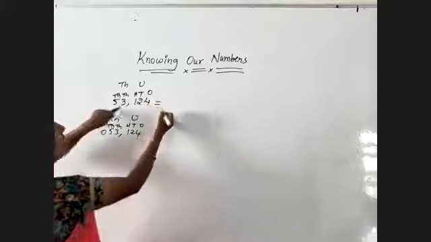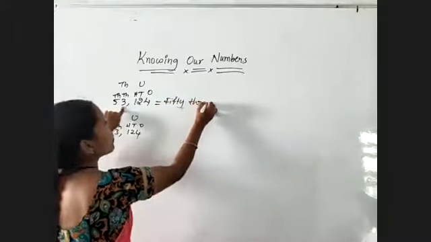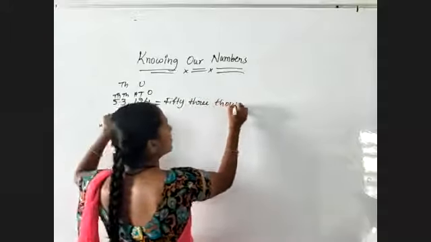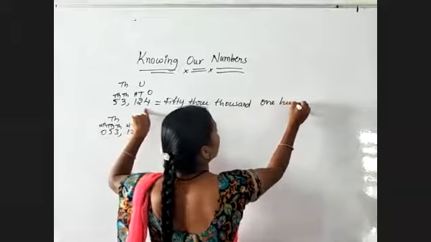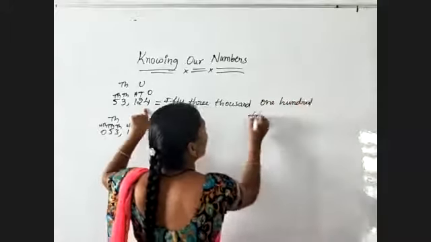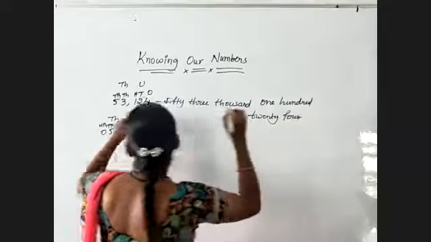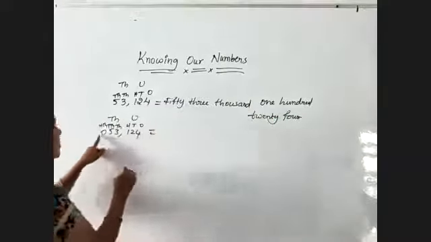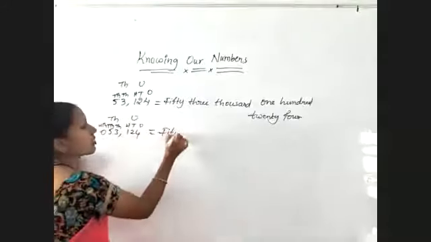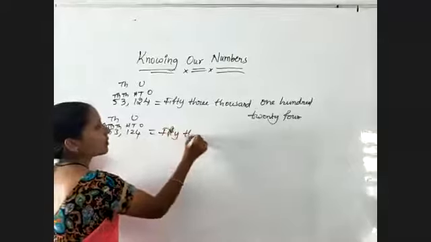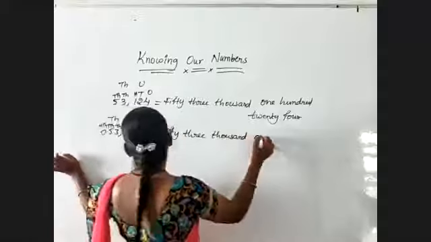Just observe: 53,000, 124. Coming to the other place value system, how do we read this number? 053, that is nothing but 53 only. So 53,000, 124.